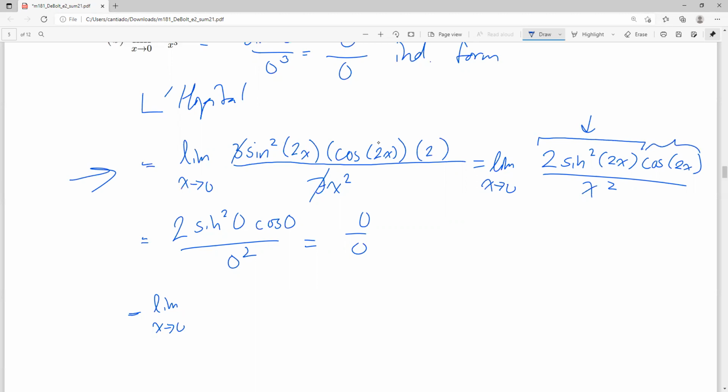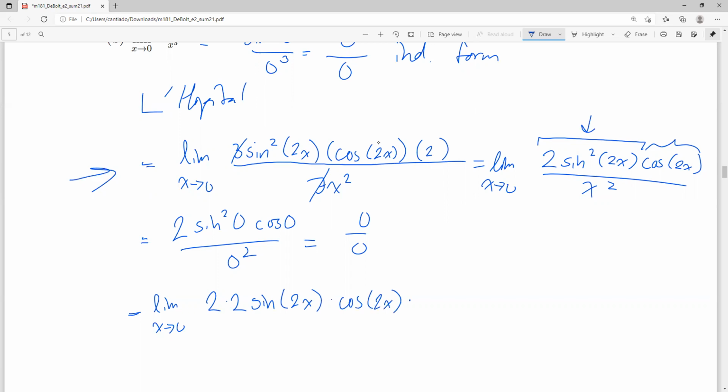So the derivative of the first function, that's 2 sine squared of 2x. The derivative of that would be, let's do the power rule first. The derivative of sine squared, that'll be 2 times 2. The first 2 is the constant. This 2 is the power. So I brought down the power of 2 times sine of whatever's inside times the derivative of sine, which is cosine of whatever's inside.